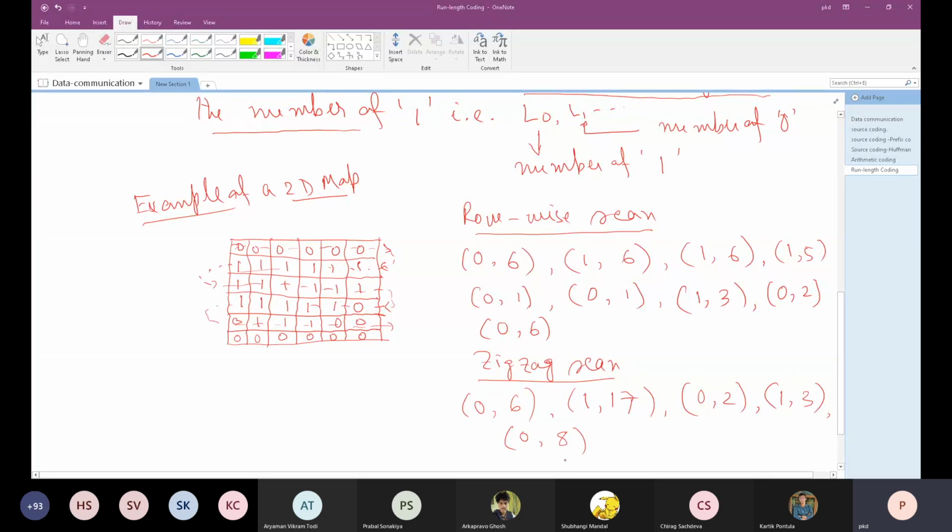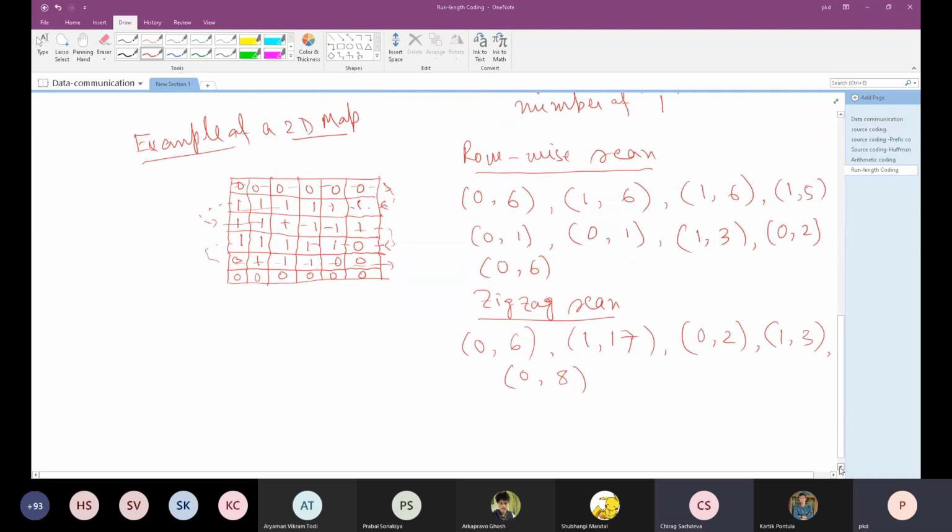Now to transmit this scan, usually we can start, as our convention, with the run of 1.